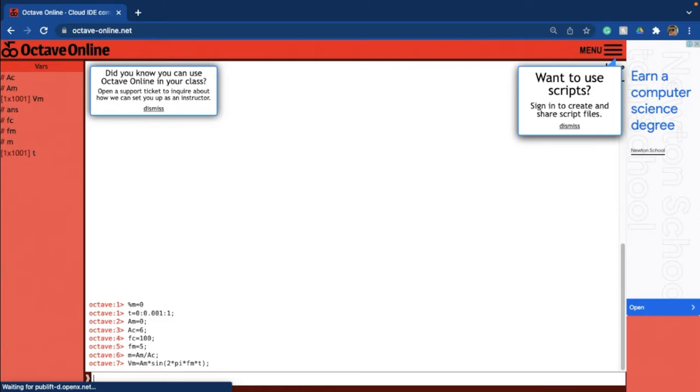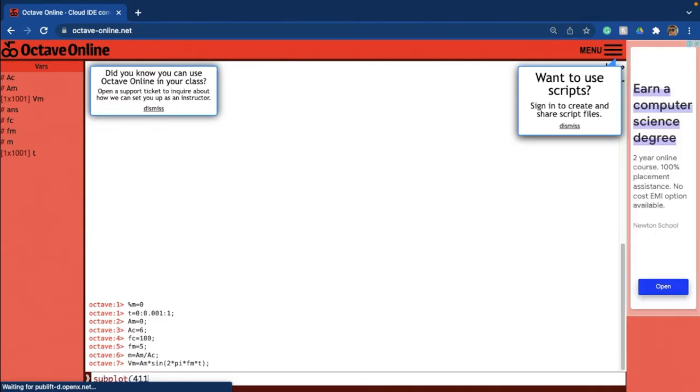I wish to plot this sine wave, so I'll use the subplot command. This will help me to plot the modulating signal, carrier, and amplitude modulated signal in one slide. So I want it in array form. It's like row, column, and the number where I'm having.